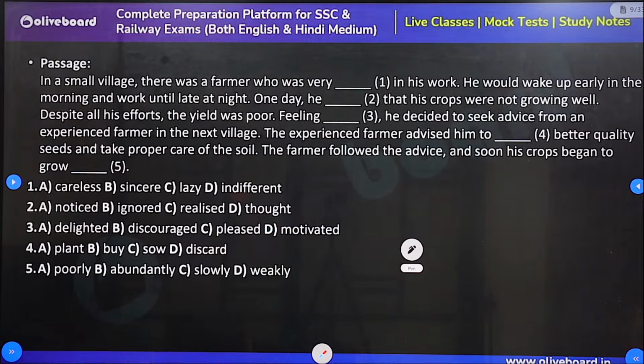Oh, Ankit, Shivani, have a look at the fourth one again. Done.